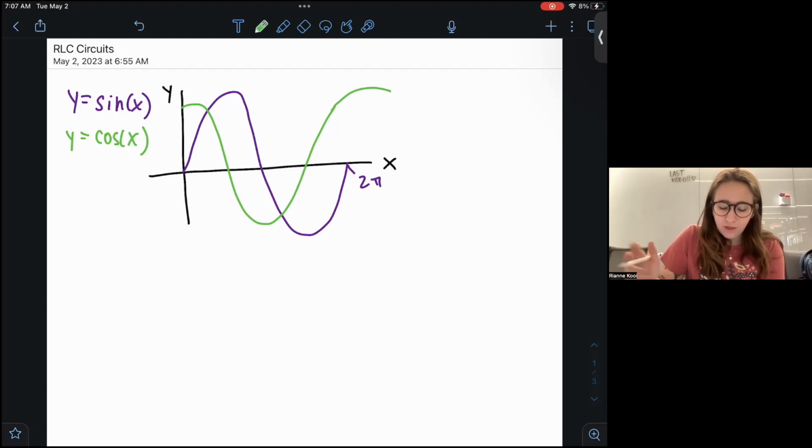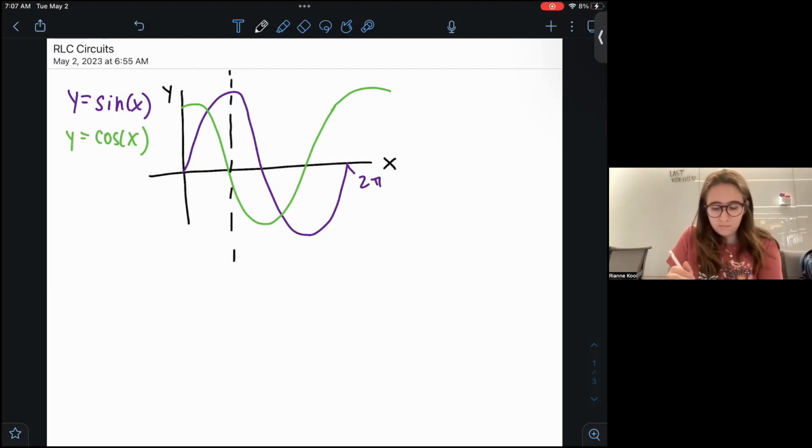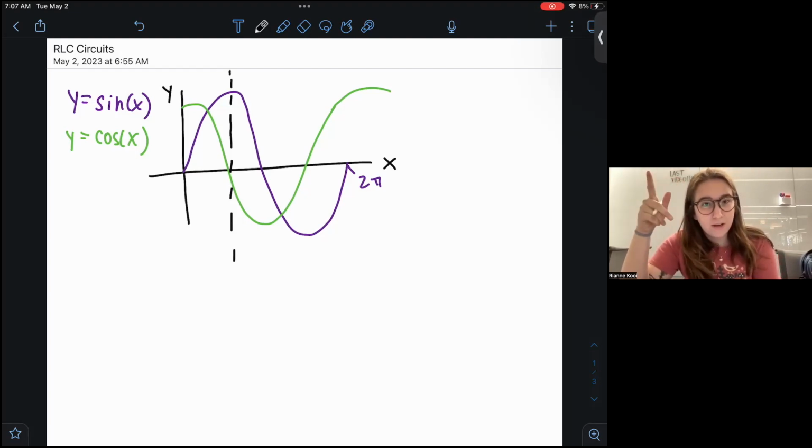So that's what you can see here. Instead, if I decided to draw my axis here instead, my green line has become a sine graph and my purple has become a cosine graph.